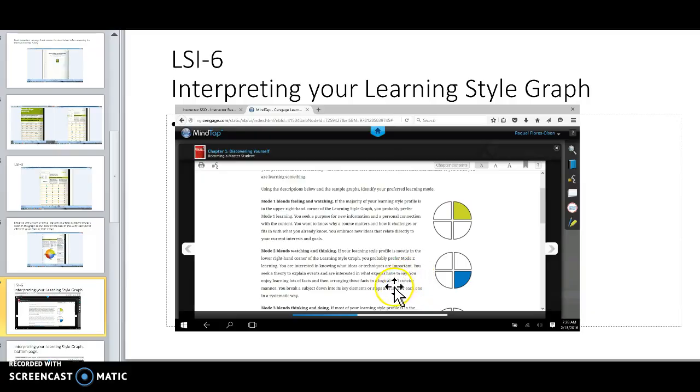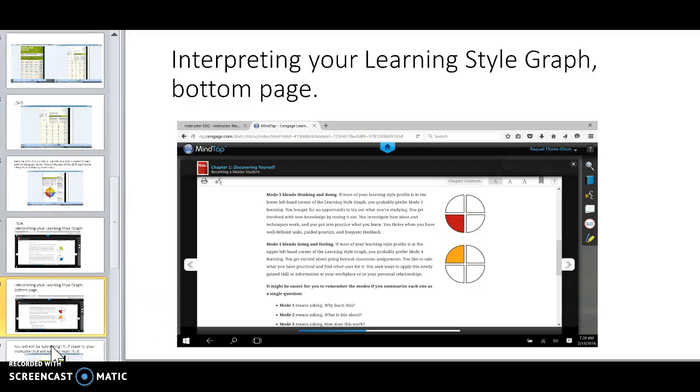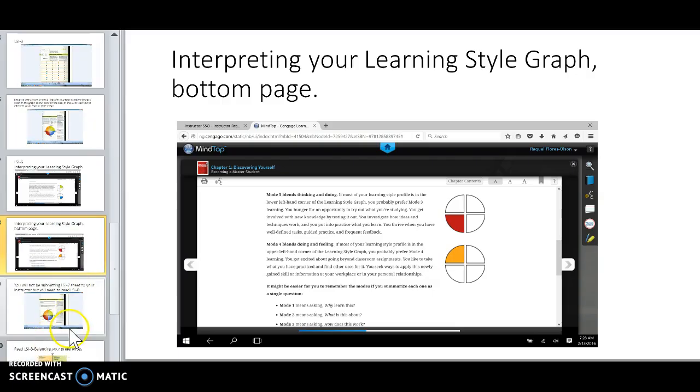So take a moment to read it. Okay? And here's the bottom of the page. So if it's bottom left or upper right. So for instance, the last mode on the upper left is more of a doer and a feeler versus someone who is on the bottom left. Okay, so you can spend some time reading.